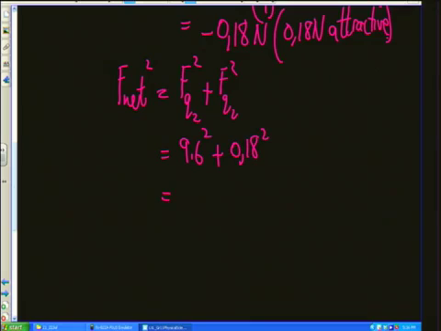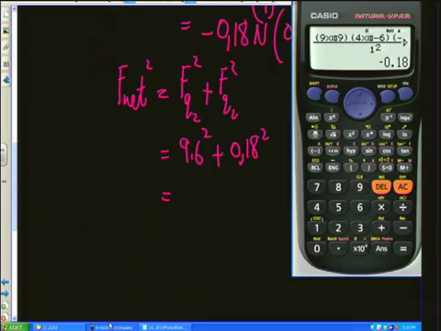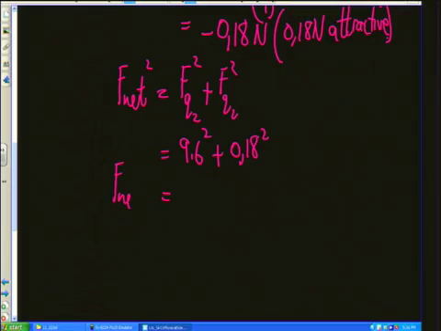And what is that? Use our calculator quickly. All right. We have 9.6 squared plus 0.18 squared. What do we get? And that must be squared because F net must be equal to the square root of that.